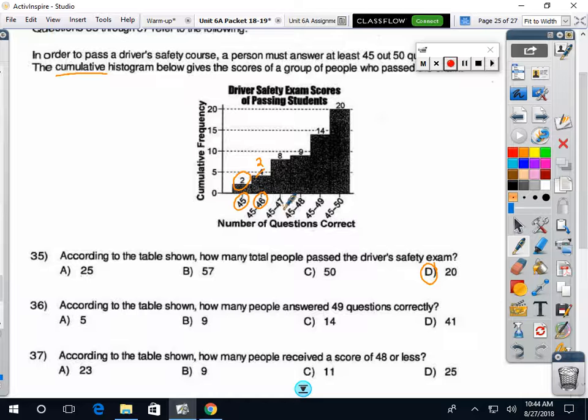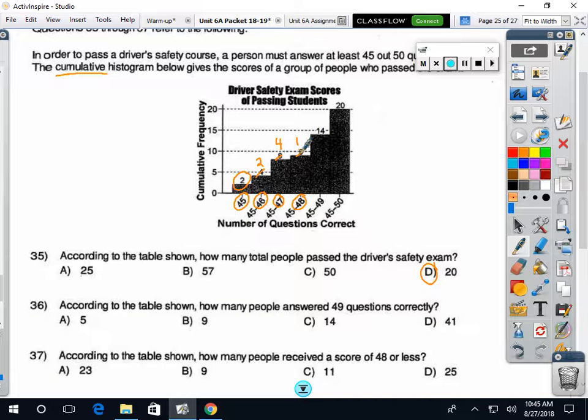Then the next one, they're now adding up how many people got between 45 and 47 correct. Right, because we know that 2 people got 45 correct, 2 people got 46 correct. Well, now all of a sudden for this to be 8, doesn't that mean 4 people got 47 correct? Okay, then if it jumped from 8 to 9, how many people actually got exactly 48 right? 1, because to jump from 8 to 9 is just 1.